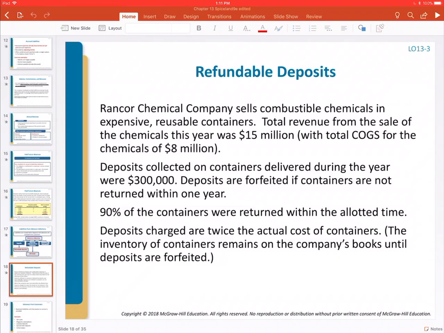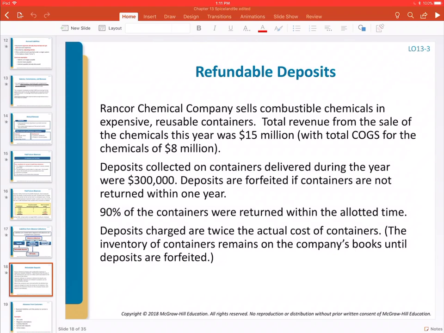So the details of this given accounting period is that we had total revenue from the sale of the chemicals of $15 million. The cost of goods sold for those chemicals was $8 million. So we're going to account for the sale and the cost of sales as it relates to the chemicals that were sold. In addition to that, we're going to assume that all sales were done in cash.